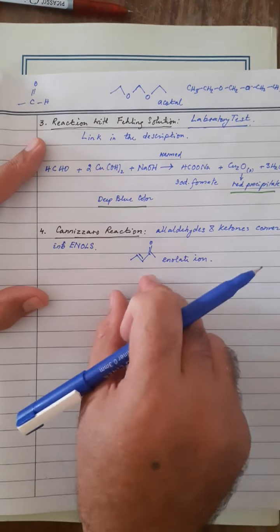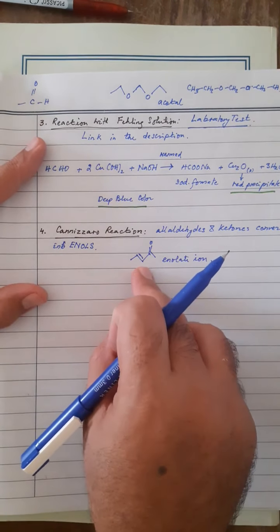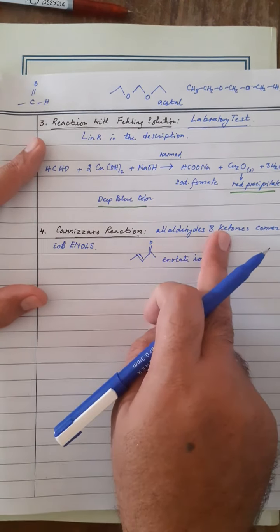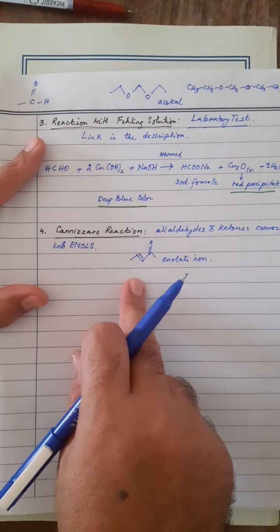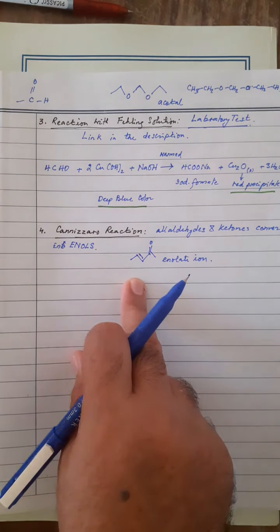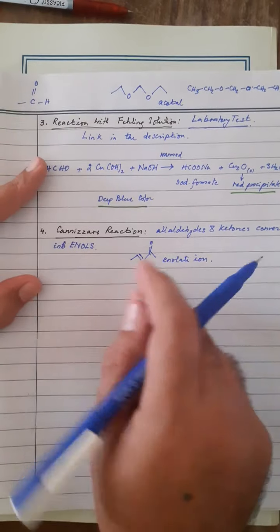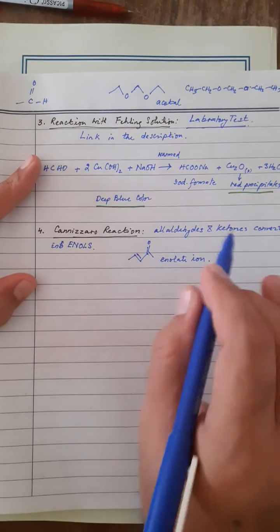Enolates are very reactive species, and they are used in the synthetic industry to make a lot of new compounds. Aldehydes and ketones convert into enolates, and from there they react. This is not for formaldehyde. Okay? Enolates then make new compounds.